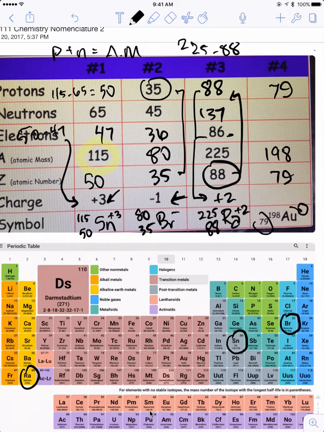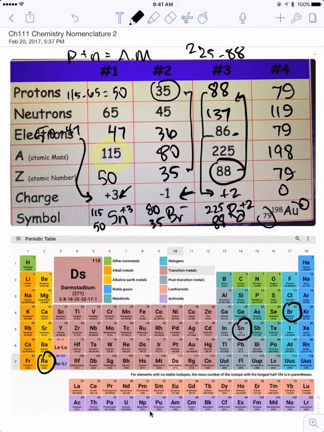So we can say that the number of protons and the number of electrons are identical. That'll be 0. And then if we take 198 and subtract 79 from that, what we get is 119. So that's the number of neutrons for this particular species. So that's how you solve this particular nomenclature.